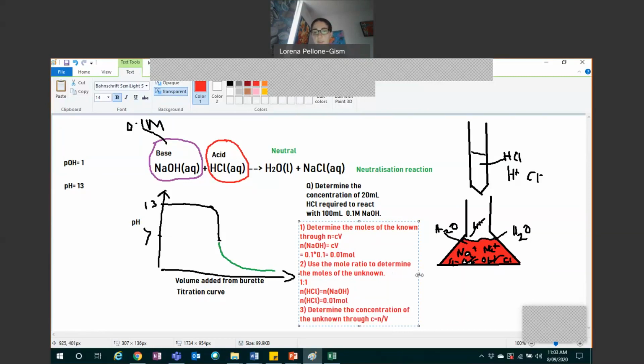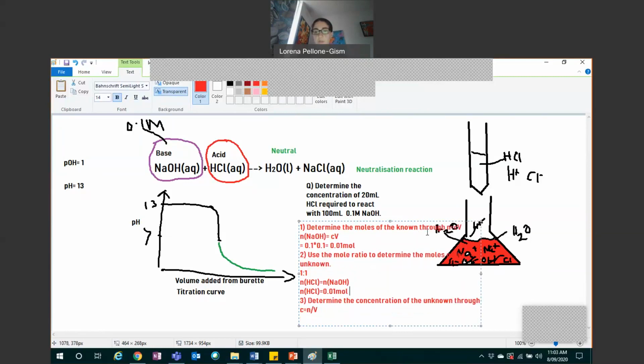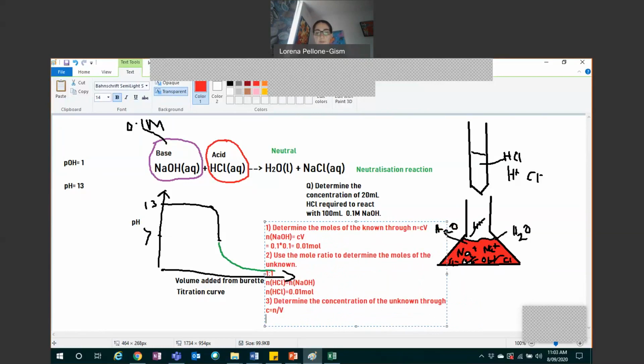Now the next step is working out the concentration of the HCl through doing n over v. So concentration of HCl equals n over v, equals 0.01 over the volume of HCl, which is 0.02, and 0.01 divided by 0.02 equals 0.5 molar.